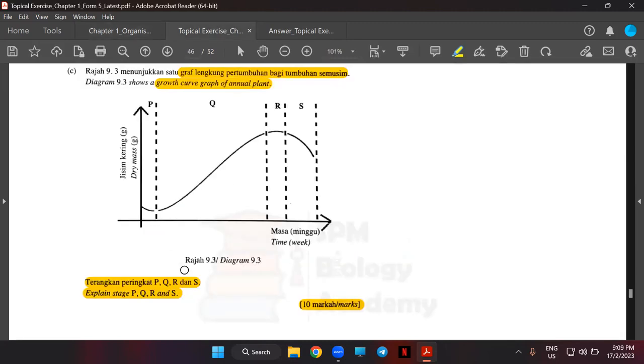Now what you do? Kamu tulis. You write down. Peringkat P. Stage P. Lepas tu gariskan. And for that, you write this.